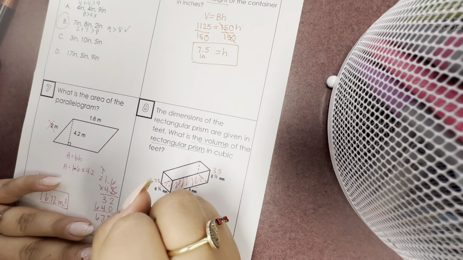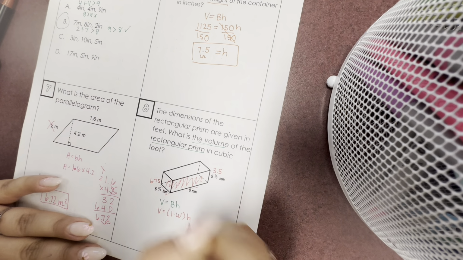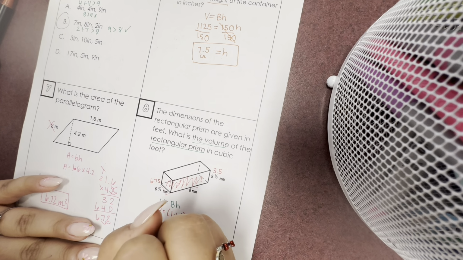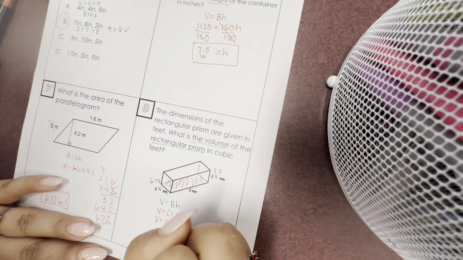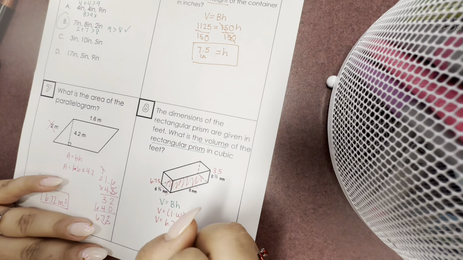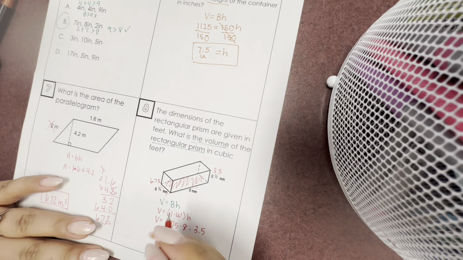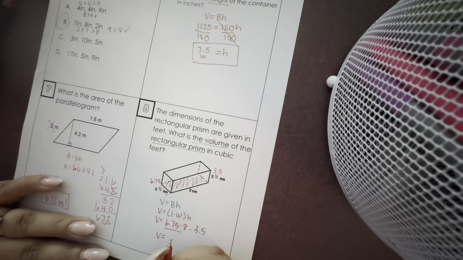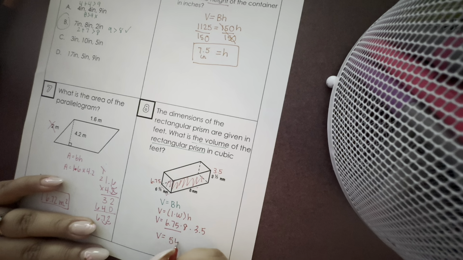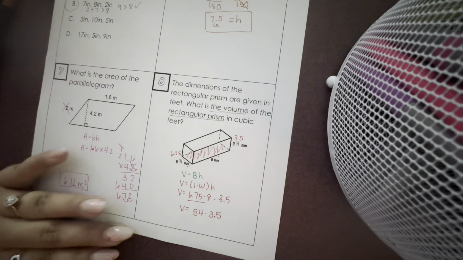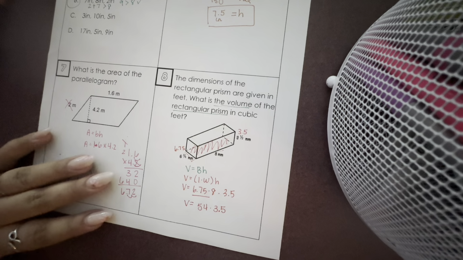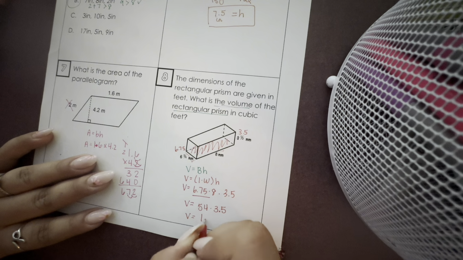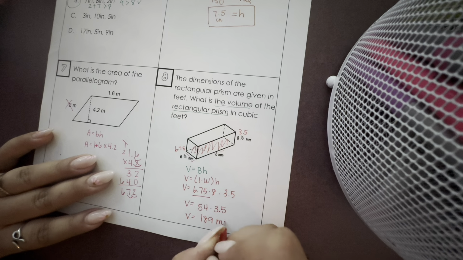So that means its volume equals length times width times height. So volume equals 6.75 times 8 times the 3.5. So we're going to do 6.75 times 8 first, which you should get 54, times 3.5. Now we're going to do 54 times 3.5, which you should get 189 cubed.